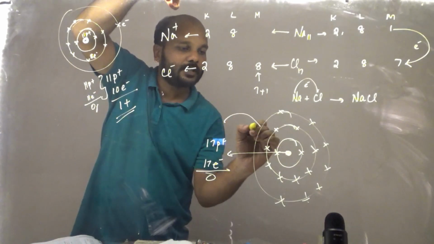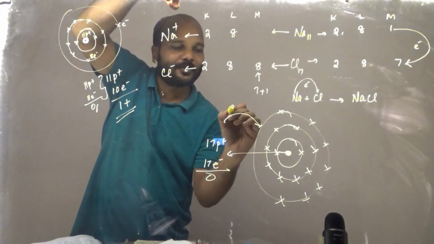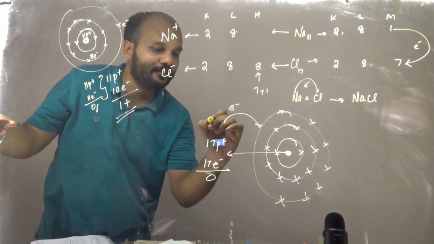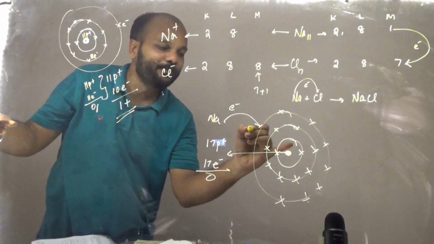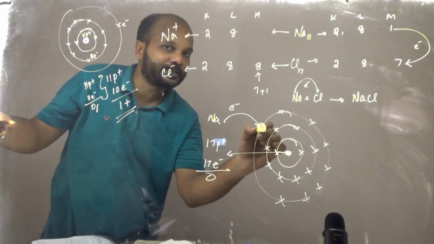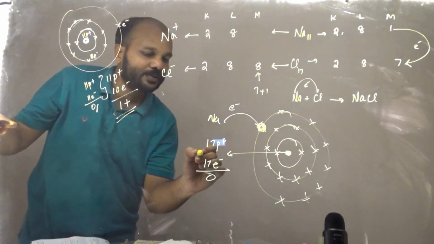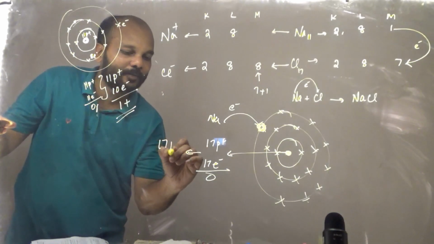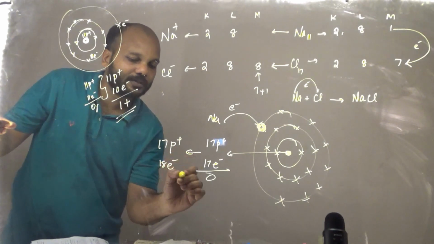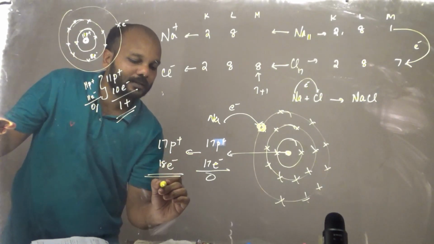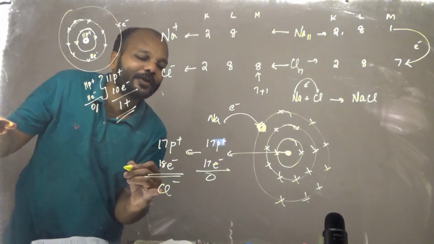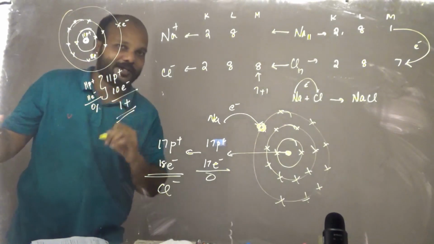When it accepts 1 electron from sodium, this extra electron comes here. Now it has 17 protons and 18 electrons, right? So one charge is in excess, and chlorine attains the Cl minus charge.